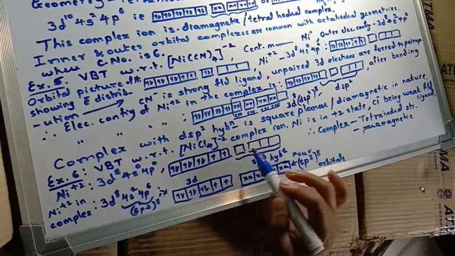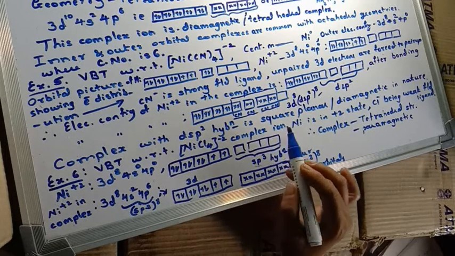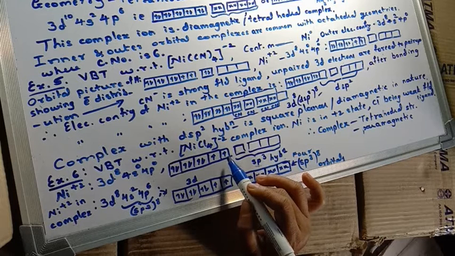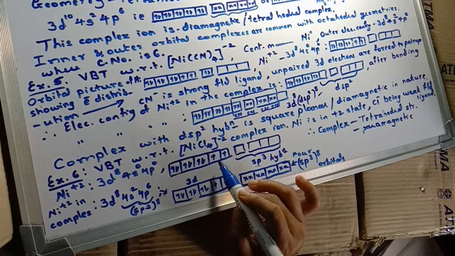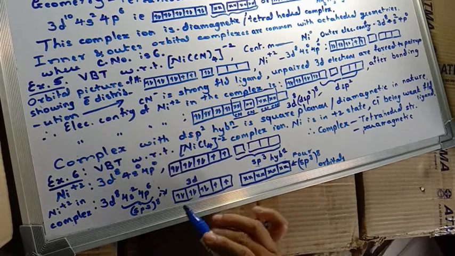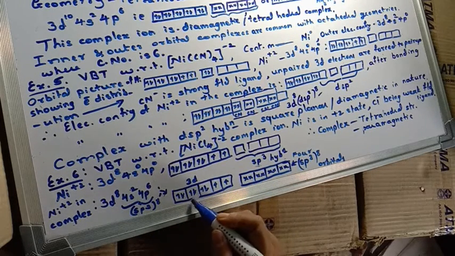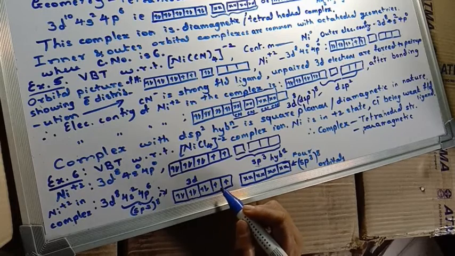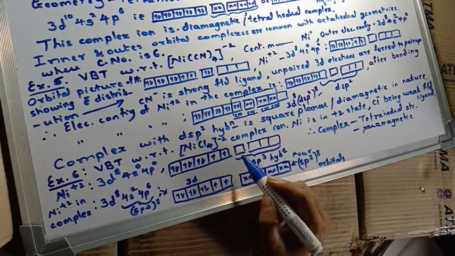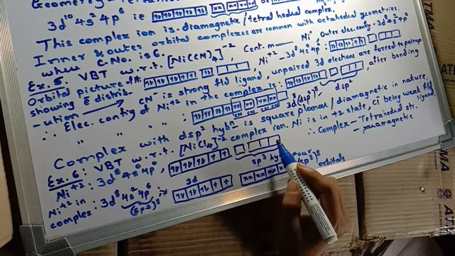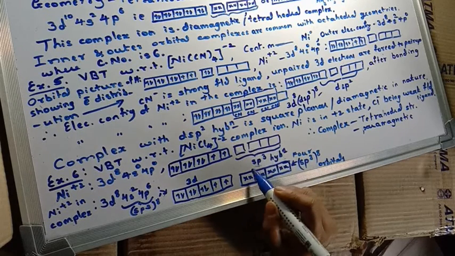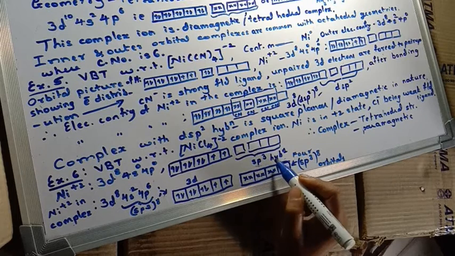But here the approaching ligand is a weak field ligand, hence it is unable to force the 3d electrons to pair up. Thereby they remain as they are. The electrons will not be forced to pair up because the approaching ligand is weak field. Therefore it utilizes the next four orbitals, that means one 4s and three 4p. Therefore the hybridization here is sp3.